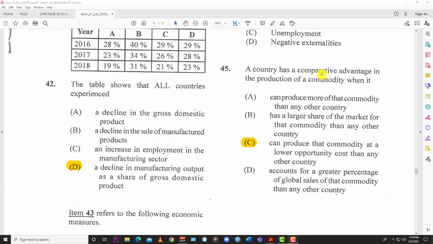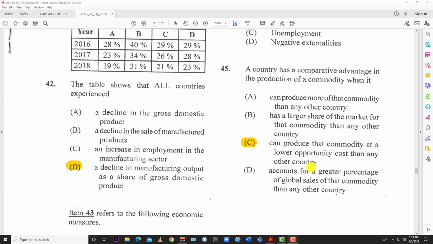Country C has a comparative advantage in the production of a commodity, and the word is comparative advantage, meaning compared to other countries, this country can produce things more efficiently. So that means that C can produce the commodity at a lower economic cost than any other country. That's a comparative advantage. Absolute advantage is where you can produce more, right?